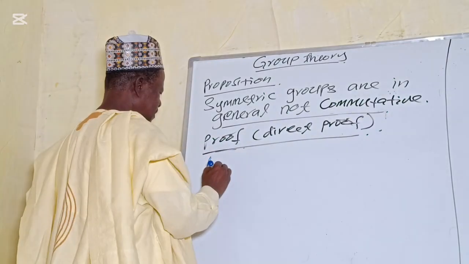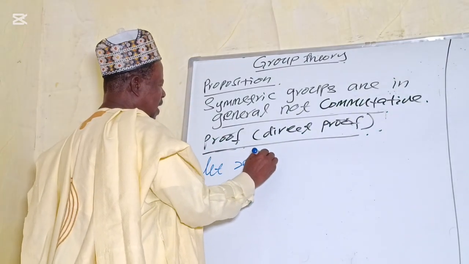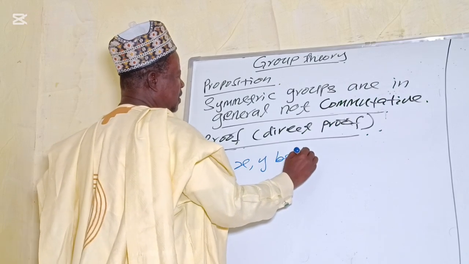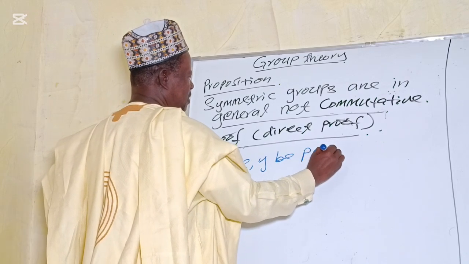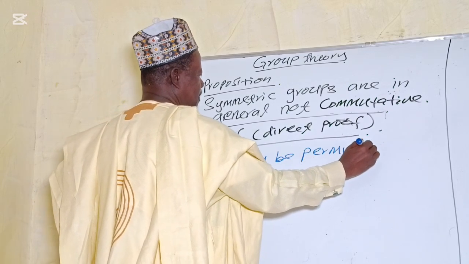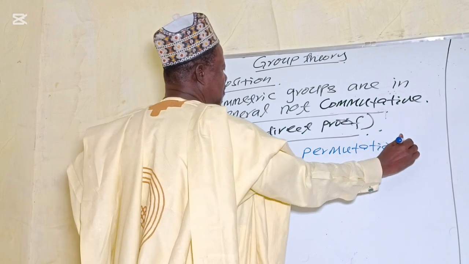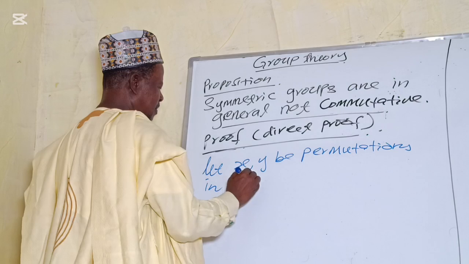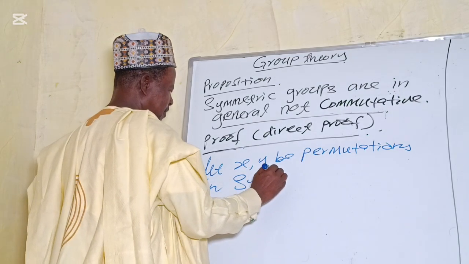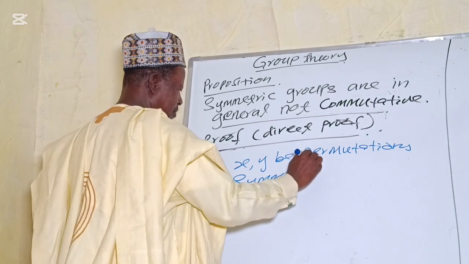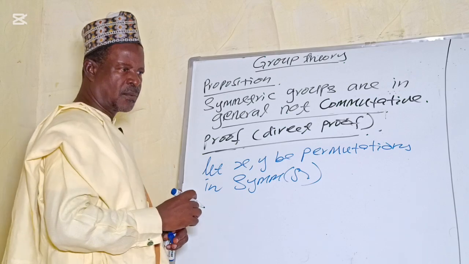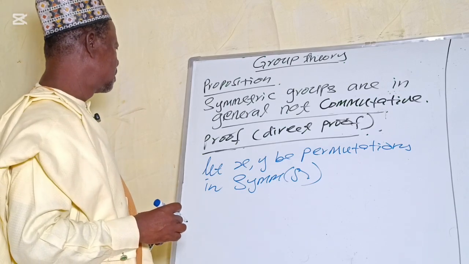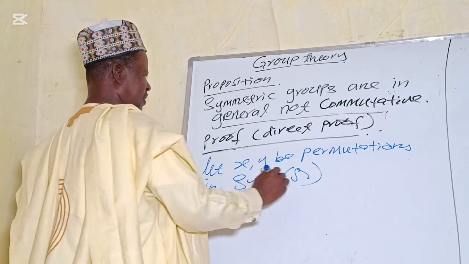Let x and y be permutations in the symmetric group omega.